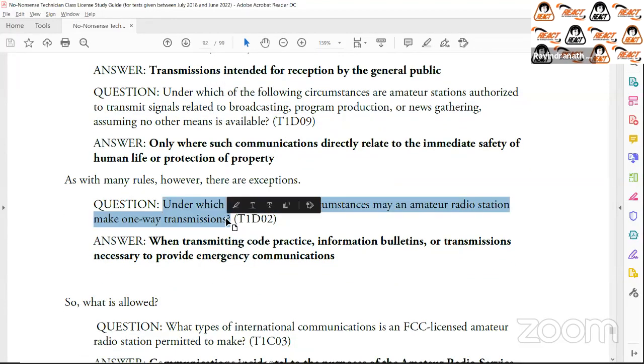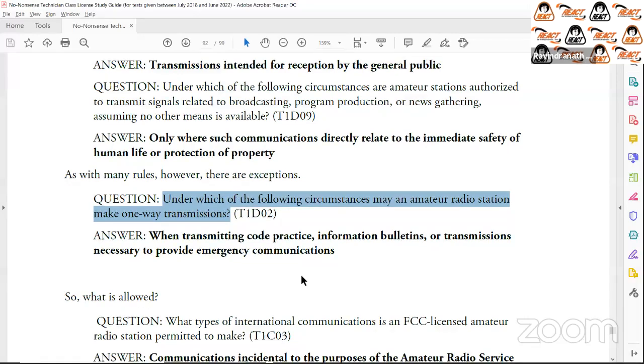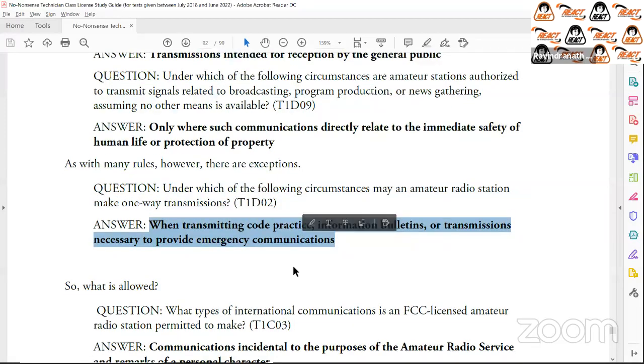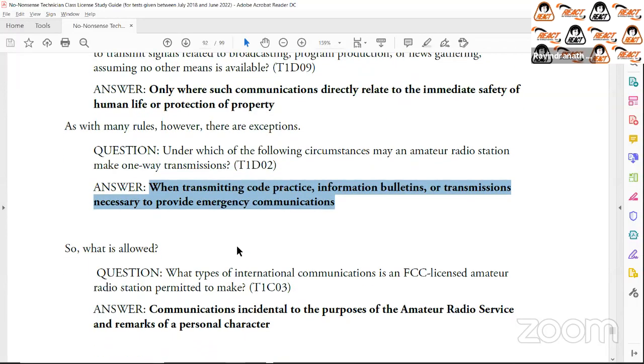Under which of the following circumstances may an amateur radio station make one-way transmission? Well, we dealt with that in the slide deck. When transmitting code practice, meaning you're doing Morse code and you're just practicing sending, information bulletins or transmissions necessary to provide MCOMs or emergency communications.